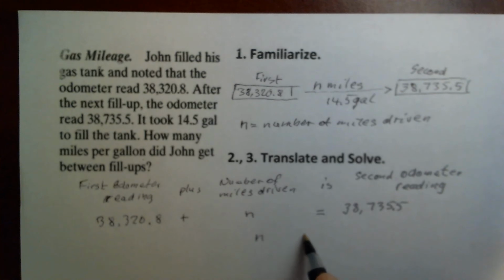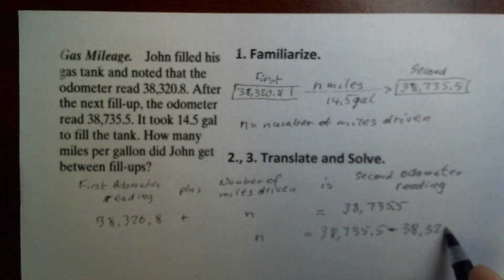In other words, n is equal to 38,735.5 minus 38,320.8, which means n is equal to... So he drove 414.7 miles.